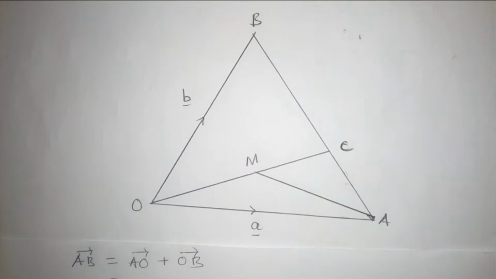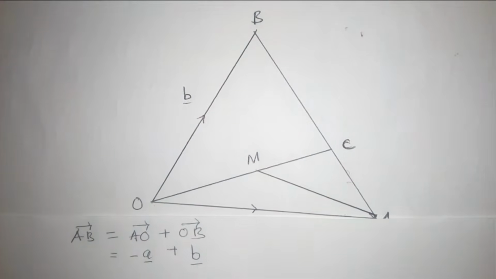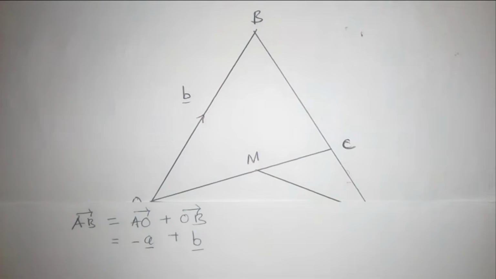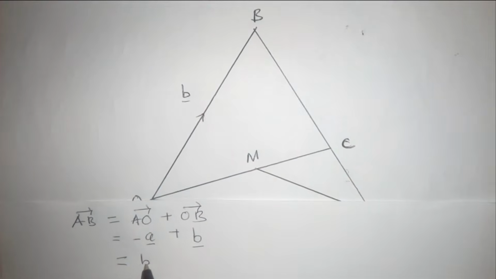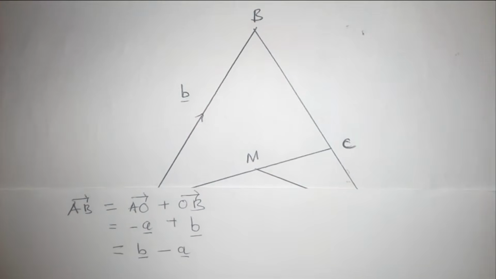Our AO is negative A, because what we've been given here is OA, but in the question we want the opposite. AO plus OB is just B over here. So we can rewrite this, we just arrange so that we don't start with the negative. So this is the answer.